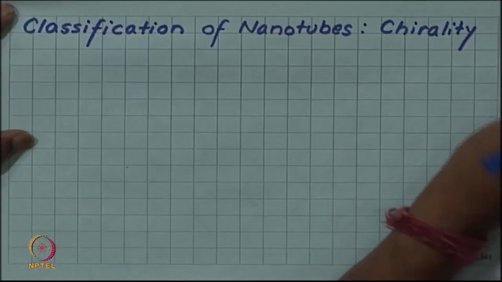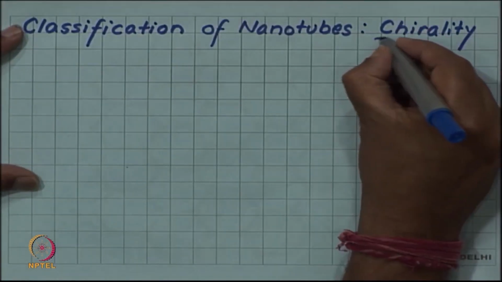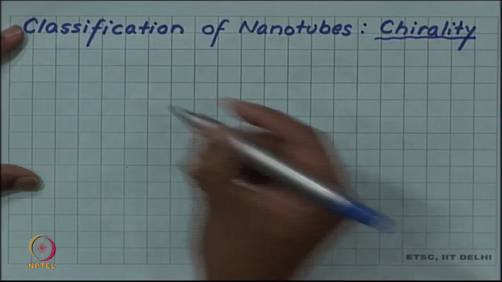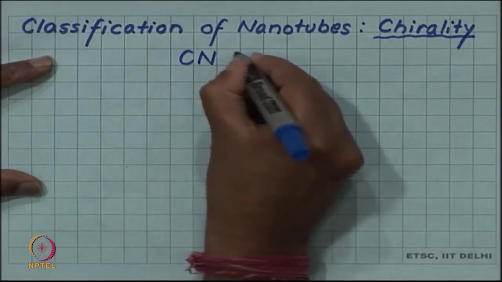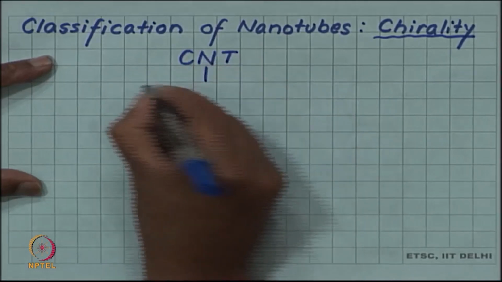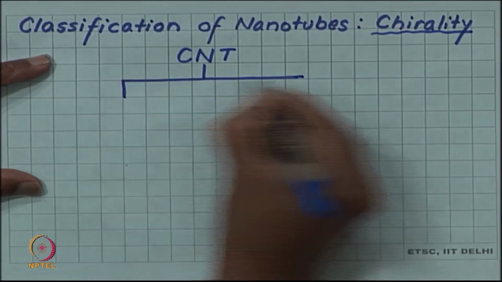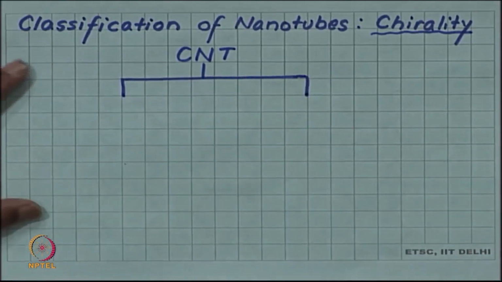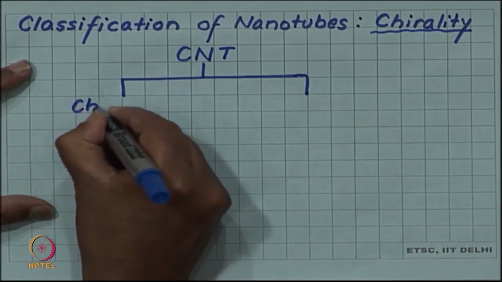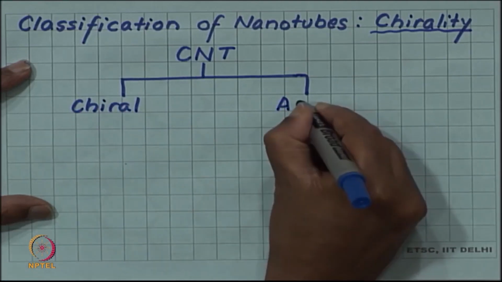That was one classification scheme, where we got the single walled and multi-walled nanotube. Another classification is based on what is called chirality. Based on chirality, we classify nanotubes as either chiral or achiral.